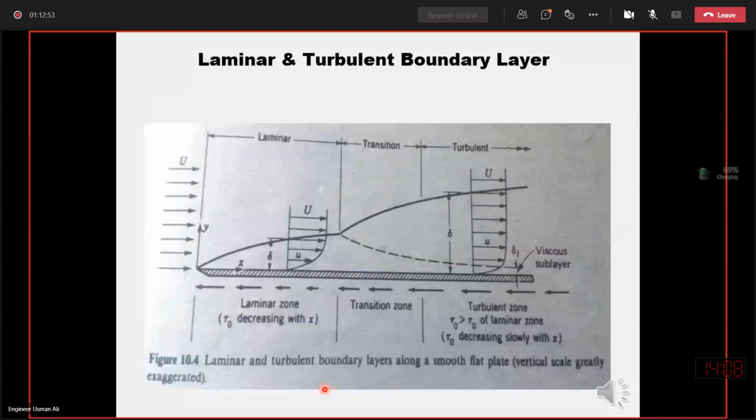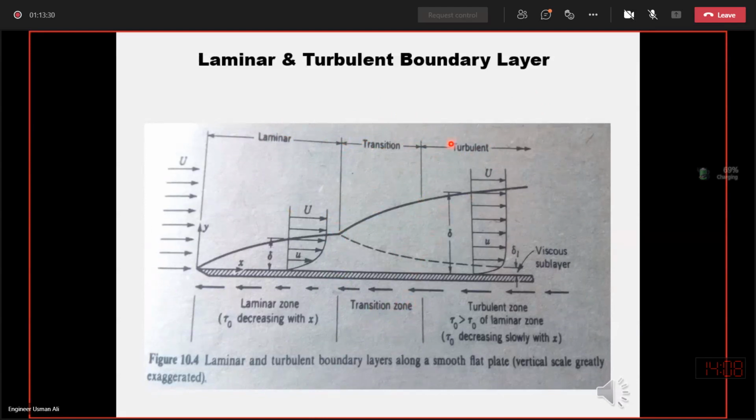If you see this diagram, that is the case of the transition boundary layer, where both laminar and turbulent boundary layers exist. Initially, up to distance xc from the leading edge of the plate, there is a laminar boundary layer with a parabolic profile of the boundary layer and a parabolic profile of the velocity. After this distance xc, because of the friction offered by the plate, the laminar boundary layer starts to change to a turbulent boundary layer, and before it achieves true turbulent flow, there is a transition zone between laminar and turbulent.